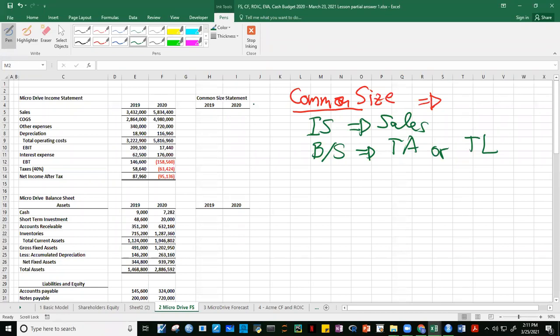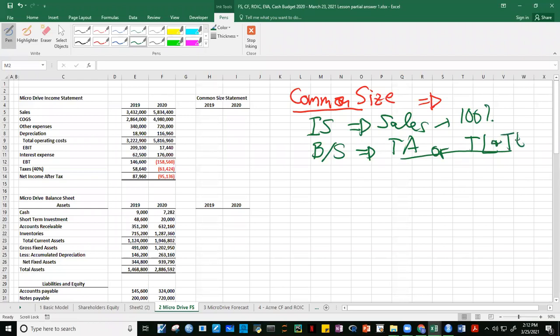So let's do this. Gawin natin common size nito, no? So ang ibig sabihin ng common size sa income statement, pareho sa sales. Therefore, your sales becomes ito yung 100%. Tapos sa balance sheet naman, your total assets or total liabilities and equity, no?